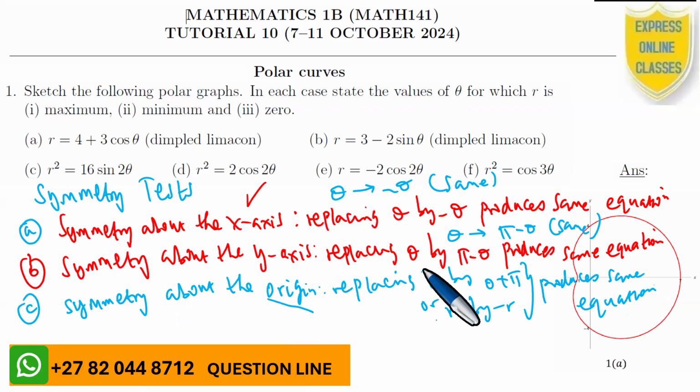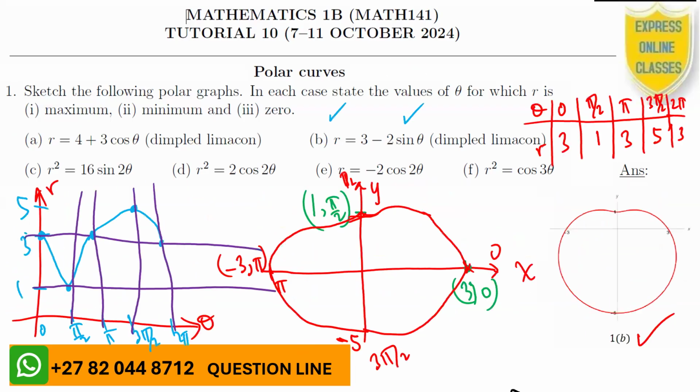If you replace theta by pi minus theta and the graph remains the same, it is symmetric about the y-axis. If you replace theta by theta plus pi, or you replace r by minus r, and the graph remains the same, then it is symmetric about the origin. So this is our investigation.